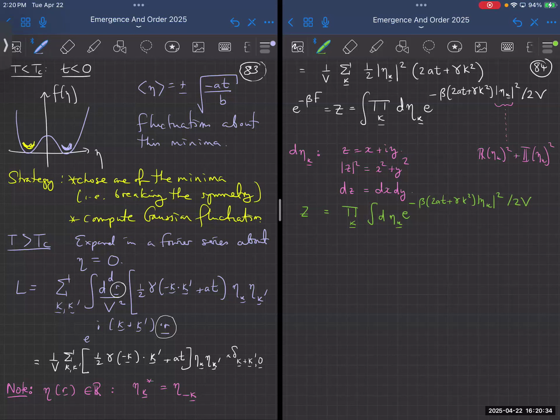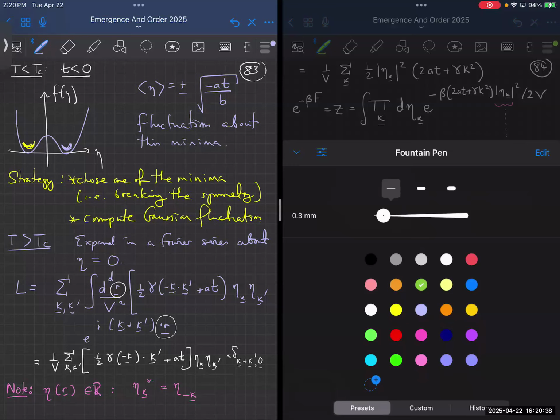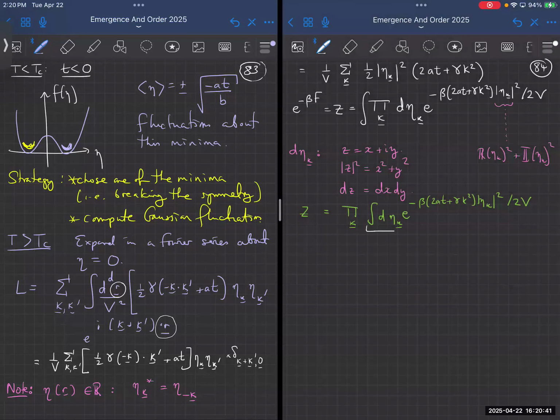So now what's different is this product is outside, and inside here is just one integral. So the way you should read this is you tell me what value of k I'm using. Okay, it's 17 or whatever it is. That's the value that labels the eta variable, and that value of k is the one that we put in the exponential.